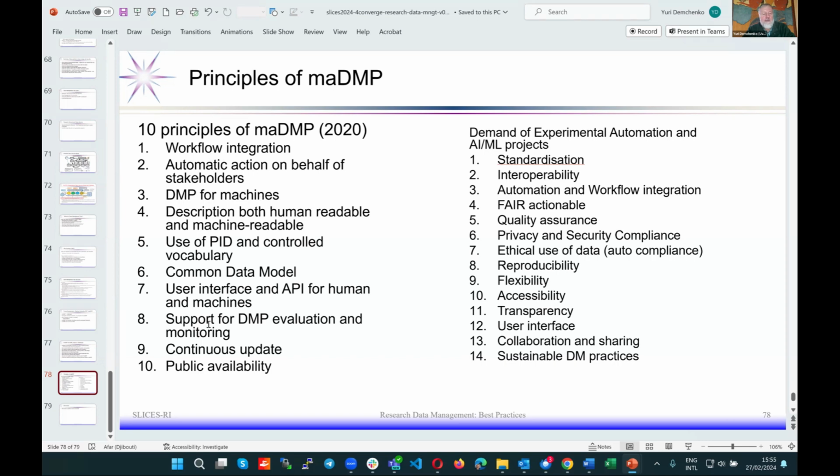But then I started comparing what they declared machine actionable in 2020, at the time when the Research Data Alliance produced their recommendation. I found that at least half of them need to be redefined for more modern requirements to data management. So this is how it looks like.